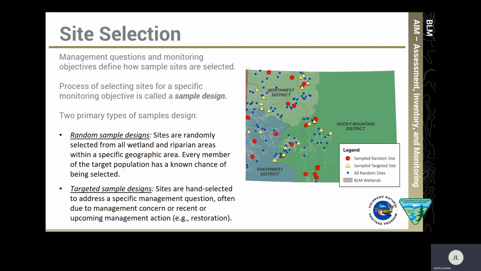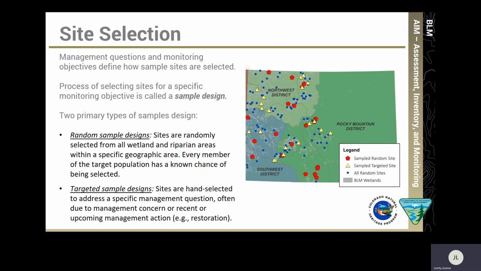In random sample designs, sites are randomly selected from all wetland and riparian areas within a specific geographic area. Every member of the target population has a known chance of being selected. Results from random sample designs can be extrapolated to provide a statistically valid estimate of condition and trends across an entire population or study area with known levels of precision and accuracy.